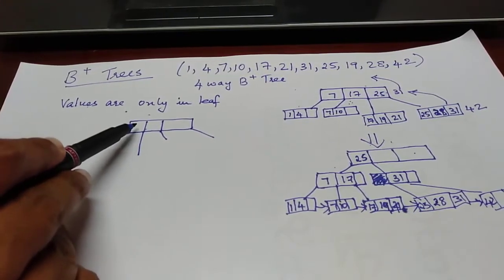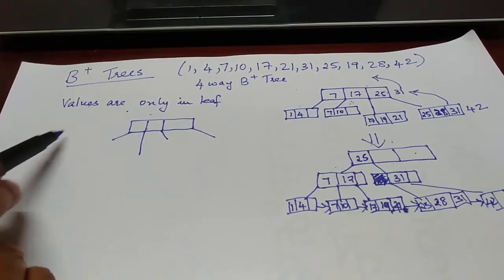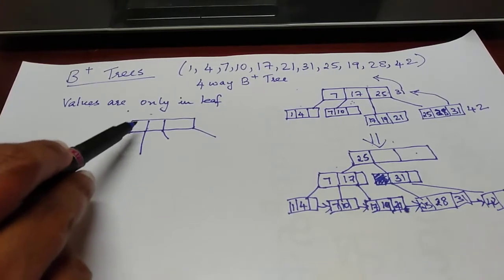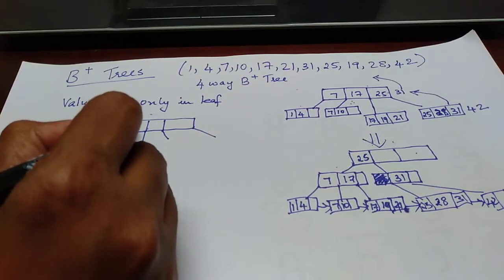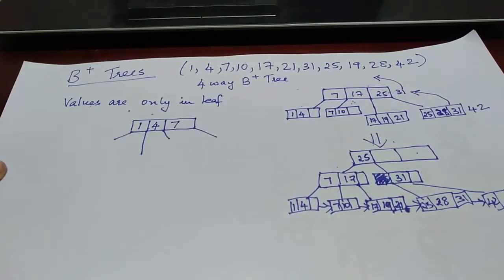Whatever number is there in a particular node, all the numbers less than that value will be to the left of the node, and to the right side you will have numbers greater than it. Now the first numbers will simply be stored in ascending order: 1, 4 and 7.